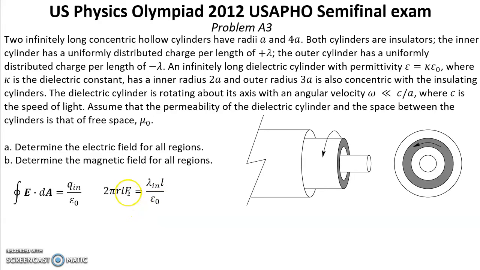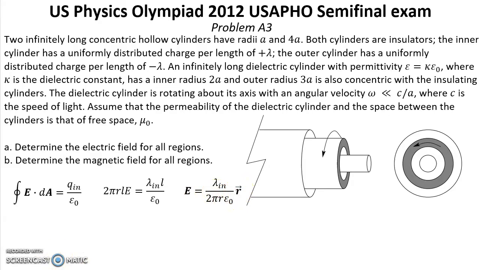From here we can find the electric field. So the electric field equals lambda inside, divided by 2 pi r epsilon 0, and multiplied by the unit vector r, radial to this construction.